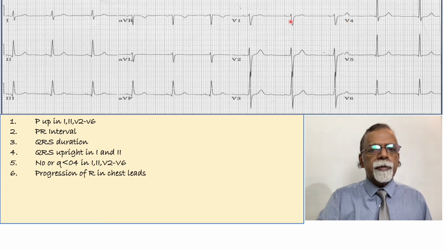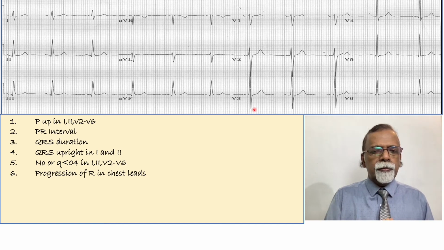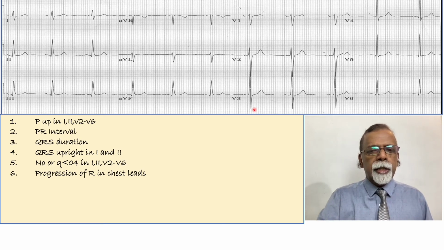At the same time, the S wave will also increase from V1 to V3. So this is a must to be looked for. If it is not present, that means that ECG is abnormal. The transitional zone, that is a zone where predominantly negative QRS becomes positive, is somewhere in the V3 and V4.